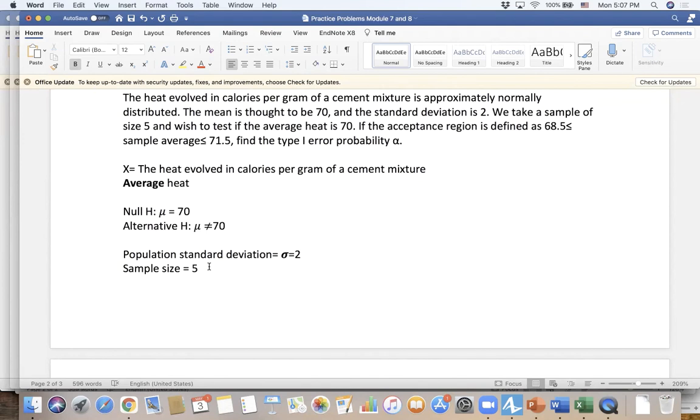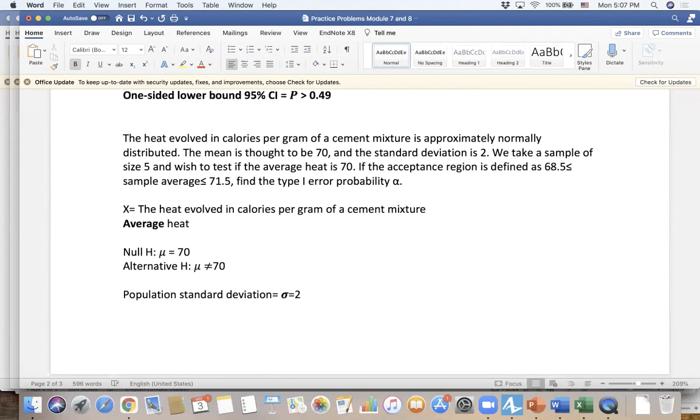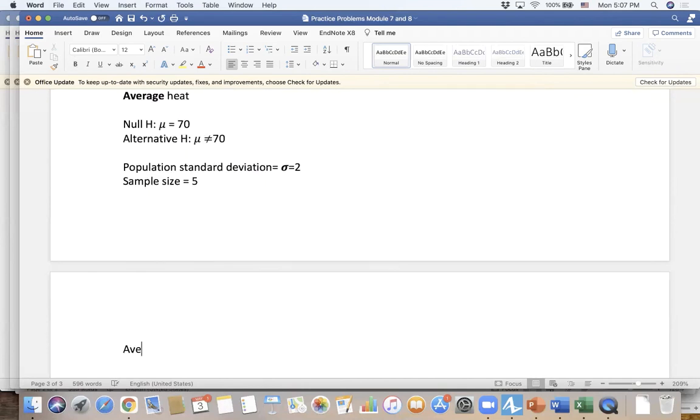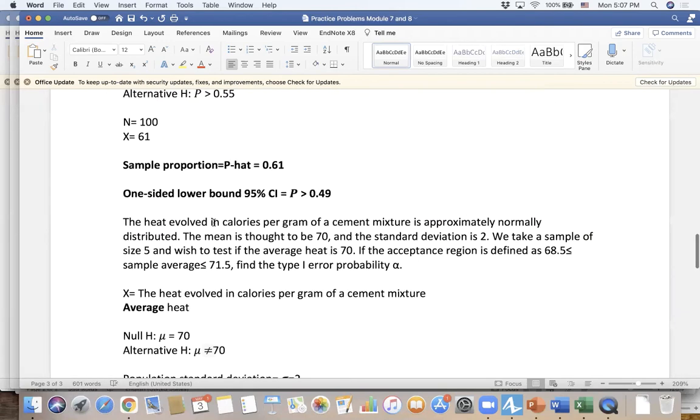I think you should also have the X bar. Let's assume I also give you the average of the sample, X bar is, let's assume, 73. I'm just making up numbers.